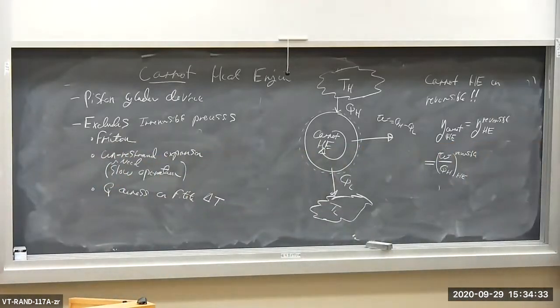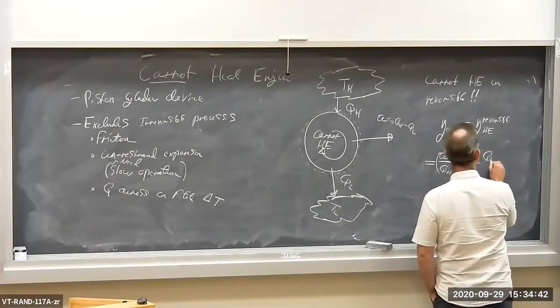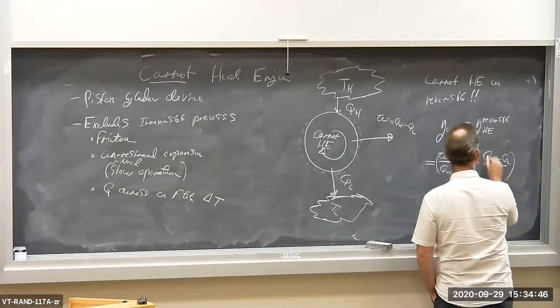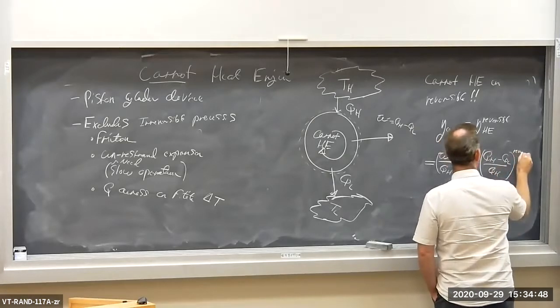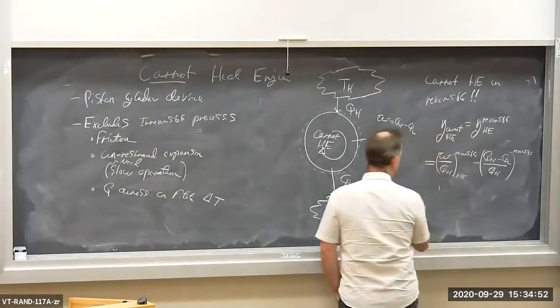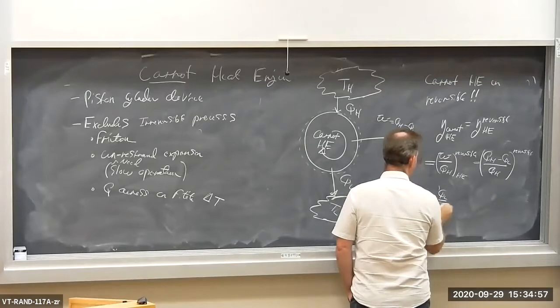And the net heat added over the cycle is Q high minus Q low. So work is Q high minus Q low, divided by Q high for the reversible process, or if you like, 1 minus Q low over Q high for the reversible process.